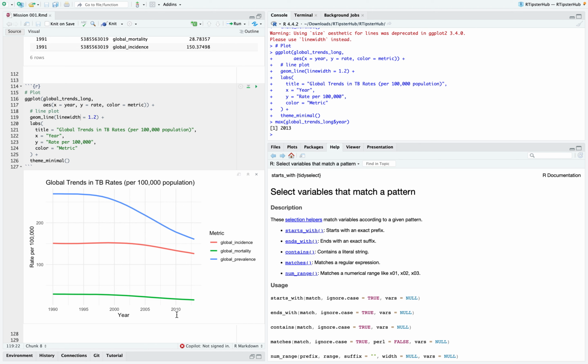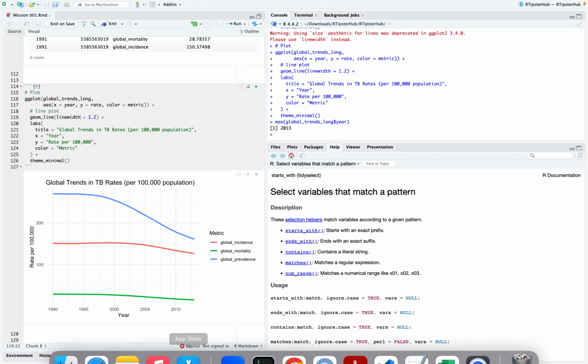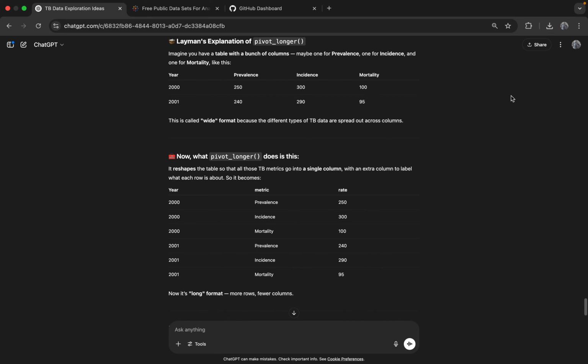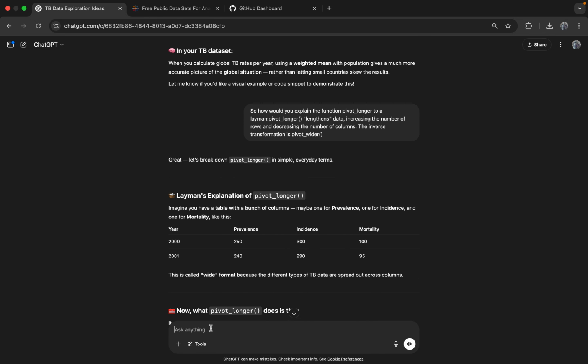So just to understand this, probably I can ask: what is the relationship between global incidence, prevalence, and mortality?